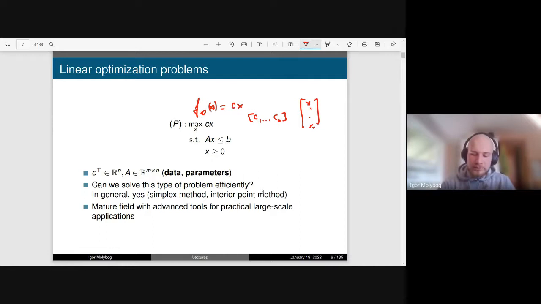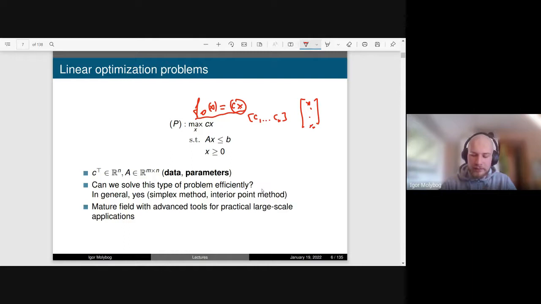This is the inner product between the two. So f0 here is a linear function, just because cx is a linear function of x. The constraints are given to us with the following system of inequalities: Ax less than or equal to b, and x greater than or equal to 0.